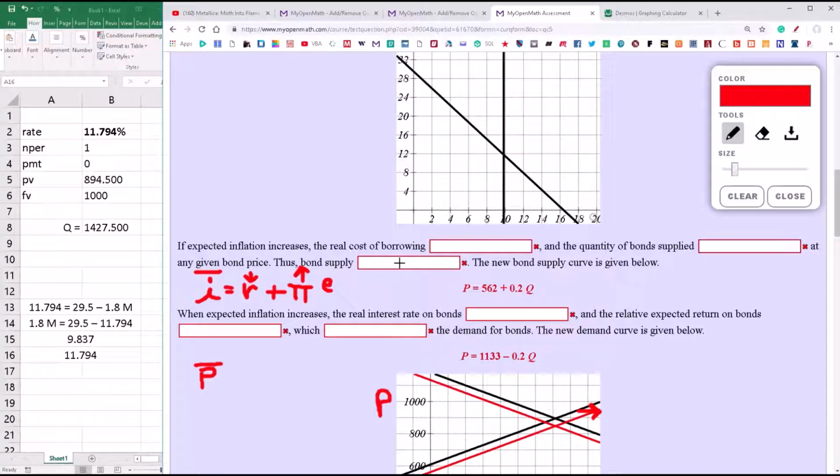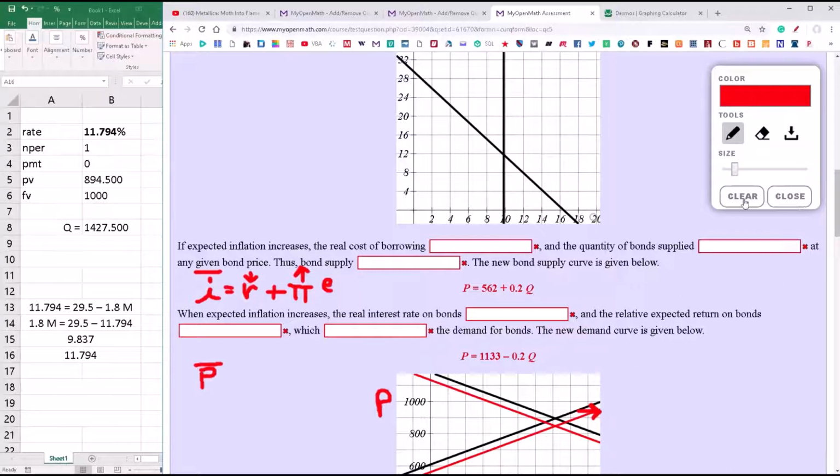The bond supply thus increases, because you want to borrow more when the real cost of borrowing is falling. Thus, the bond supply increases, and this is the new bond supply, the red one, upward sloping line down here. Okay?